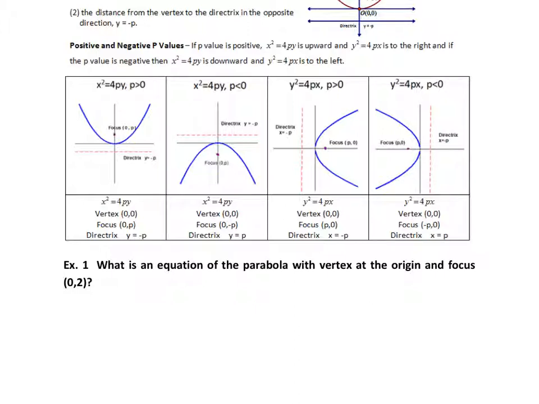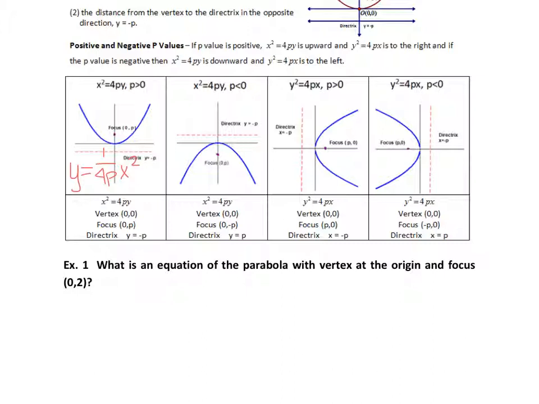This is how you write the equation for an up or a down parabola. So let's write y equals 1 over 4p x squared. Notice, to solve for y on the top equation, all I would need to do is divide out the 4p, so that's exactly what it looks like, just taken a step further.